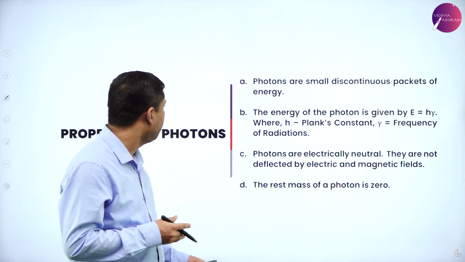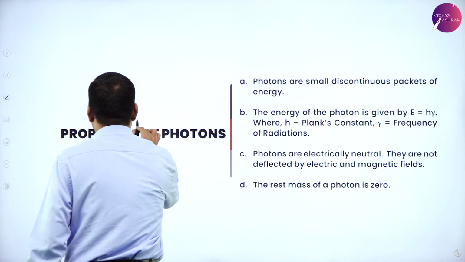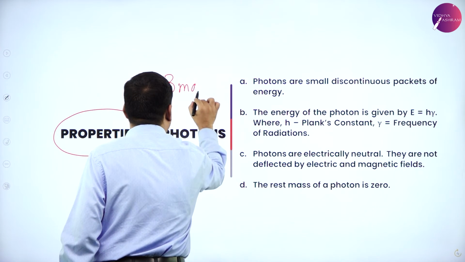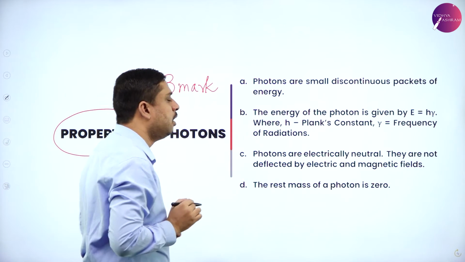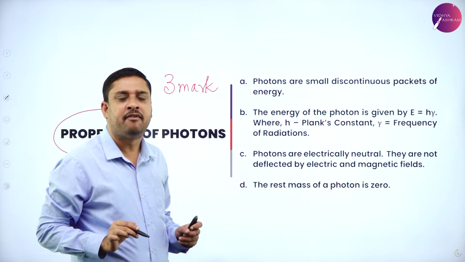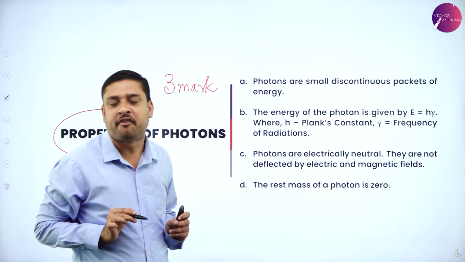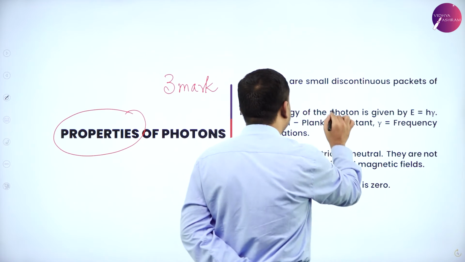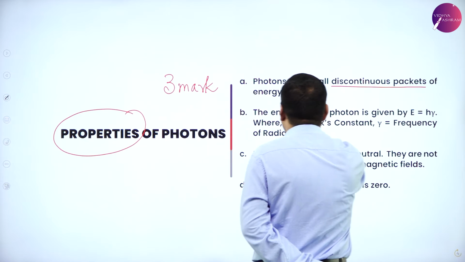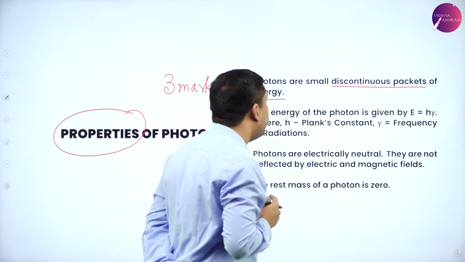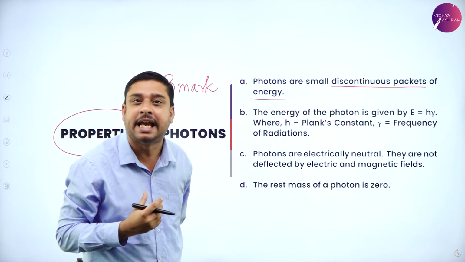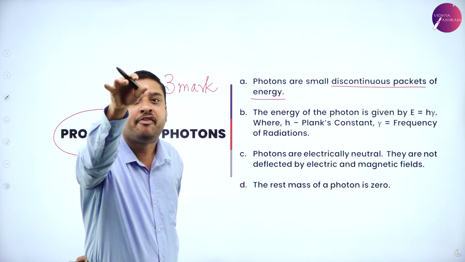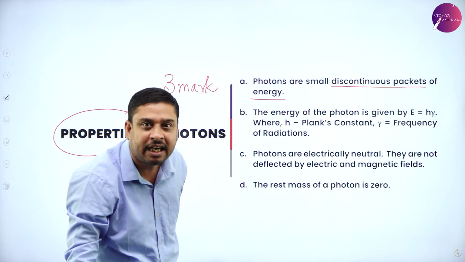Now, we will study the properties of photons. Again, a 3-mark question. The first property I have already told: packets of energy. Photons are small, discontinuous, discrete packets of energy. You remember army people throwing shelter and food packets from the helicopter?